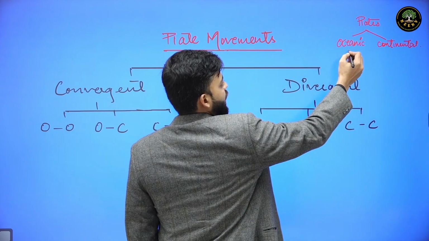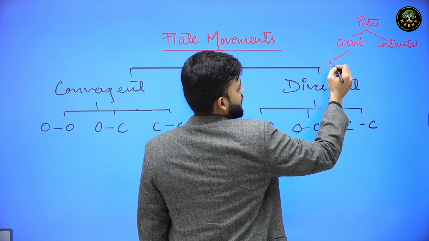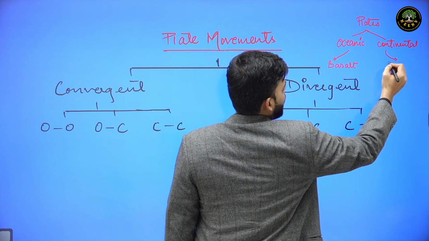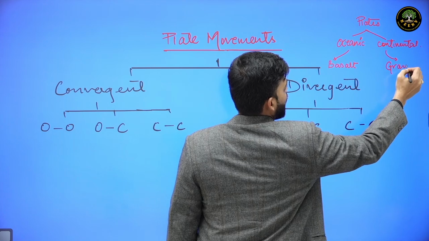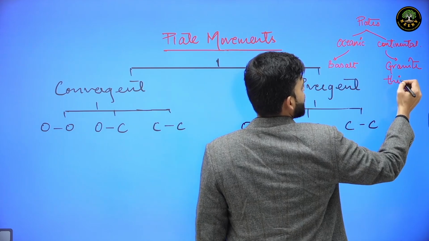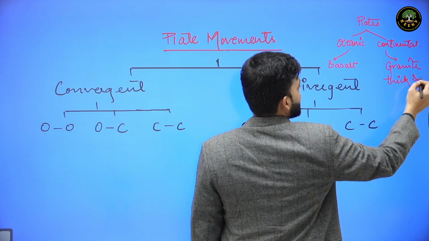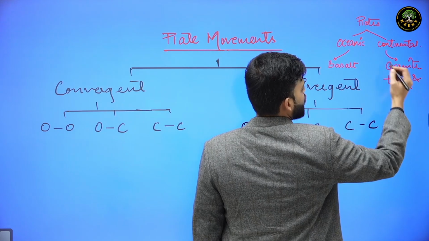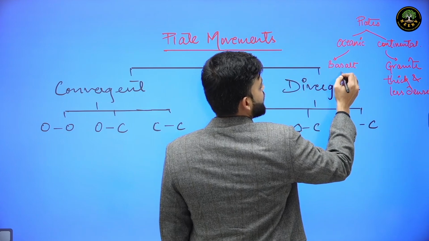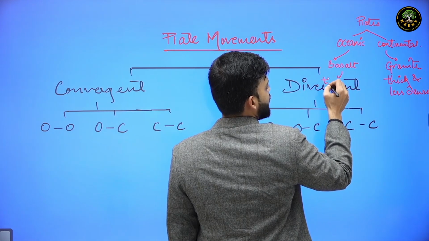Now this oceanic plate is made up of basalt and this is made up of granite. This is comparatively thick and less dense as compared to oceanic plate, whereas this is thin but dense.